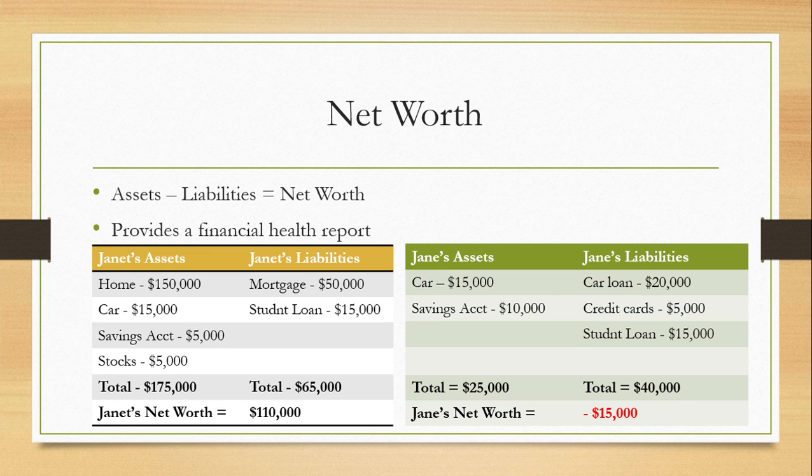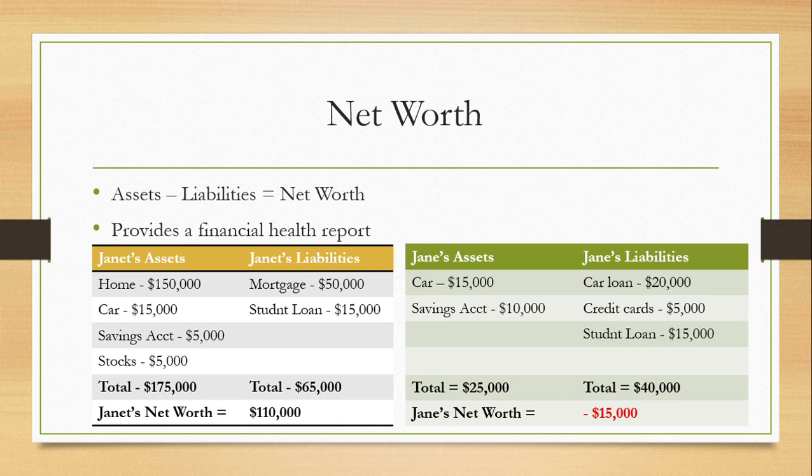Why is this important? Well, let's say something major happens, right? Janet can offload or liquidate, maybe I should have had that term in this video as well, her assets, right? So if she runs into trouble, she needs to sell her house, she could potentially get $100,000.